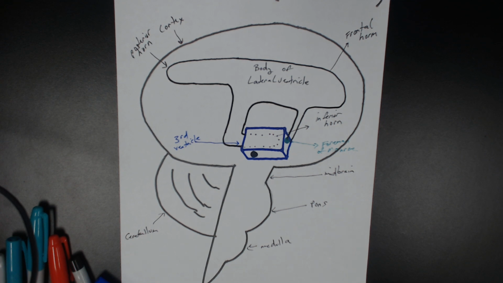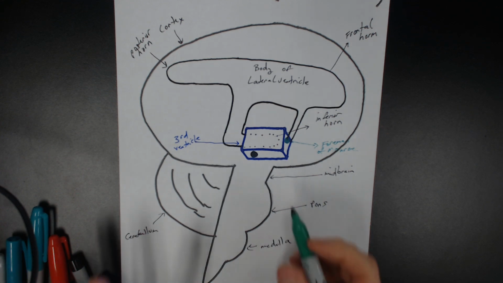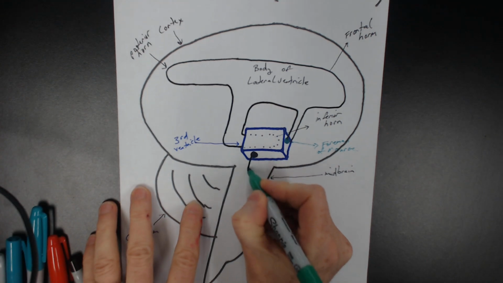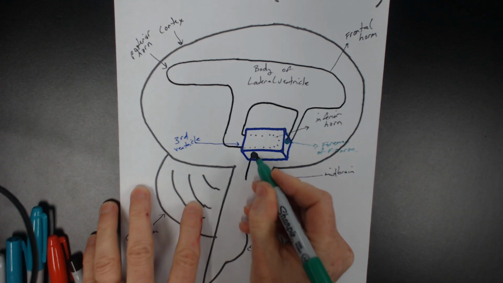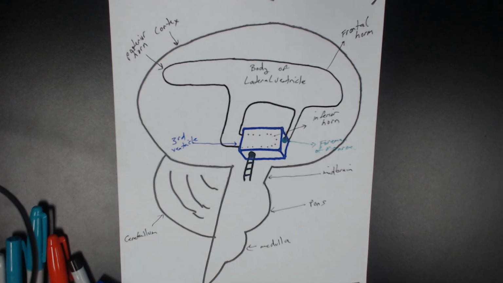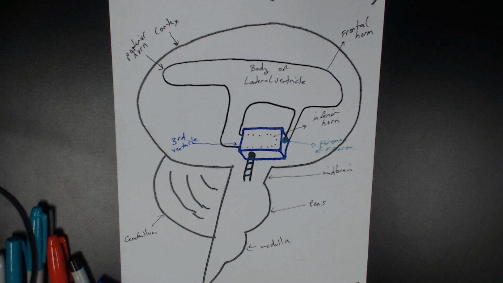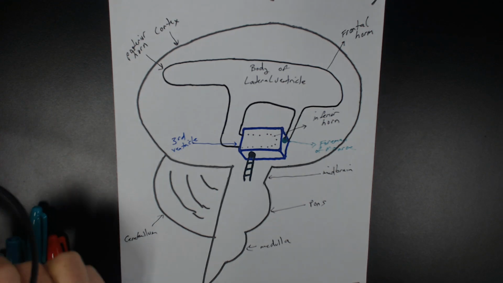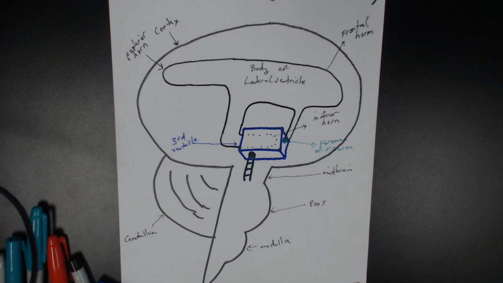And this next part is actually one of my favorites, because it's a good landmark for the midbrain. It travels straight on down through the midbrain. It's just a connecting tube, if you will, from the third ventricle straight through the midbrain, and it is called the cerebral aqueduct.